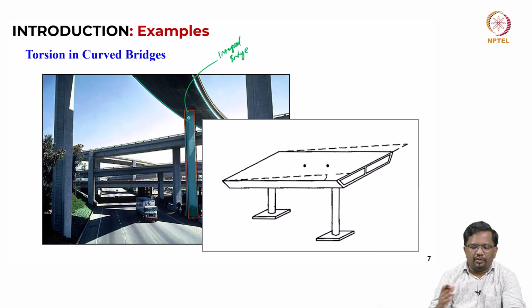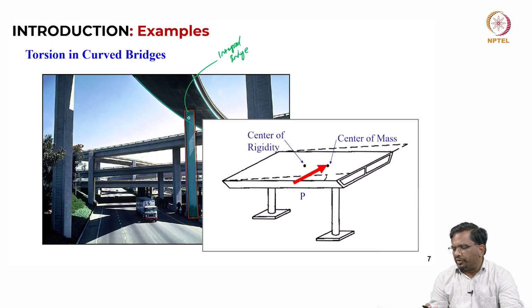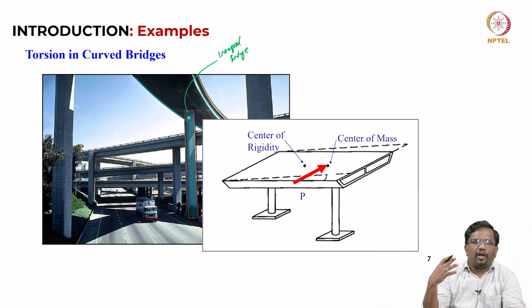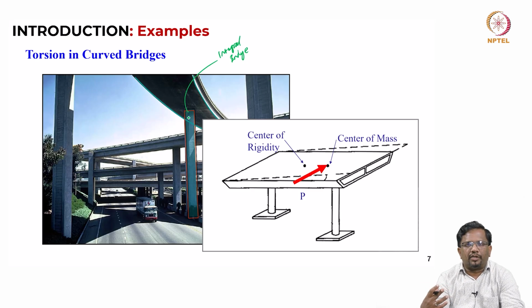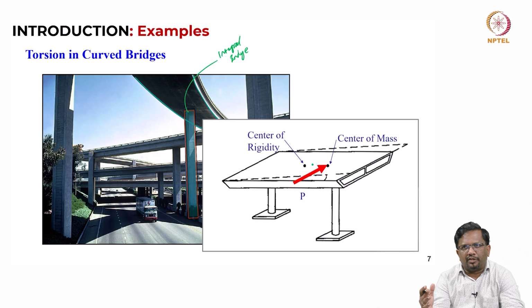So, when it is subjected to, let us say, longitudinal earthquake motions, typically your lateral inertial forces will be concentrated at the center of mass. If you have eccentricity between your center of rigidity and center of mass, then the deck will actually rotate like this. Okay.